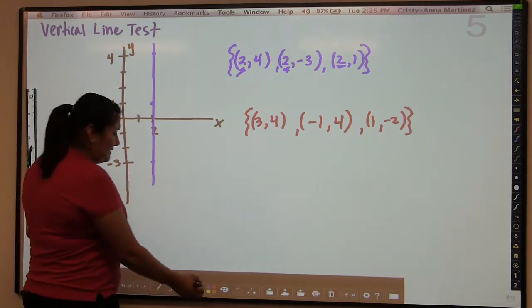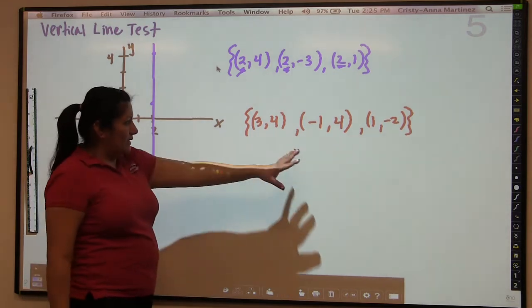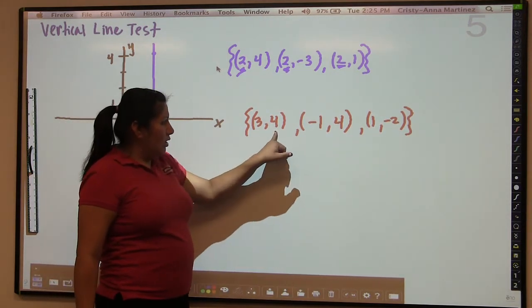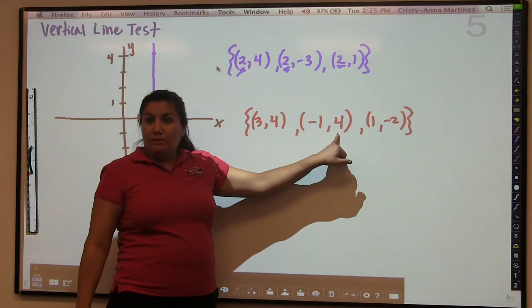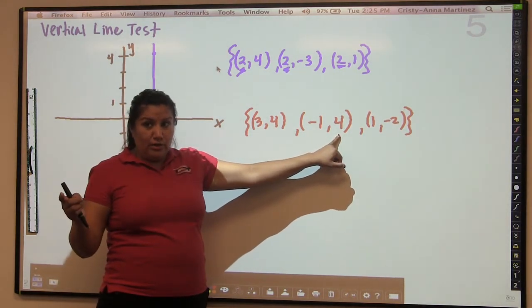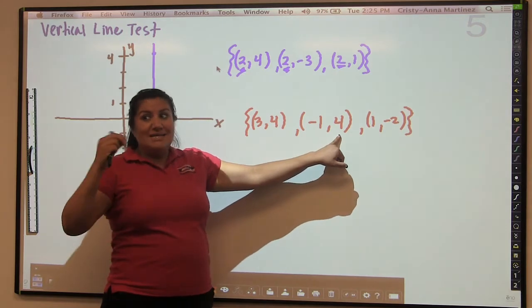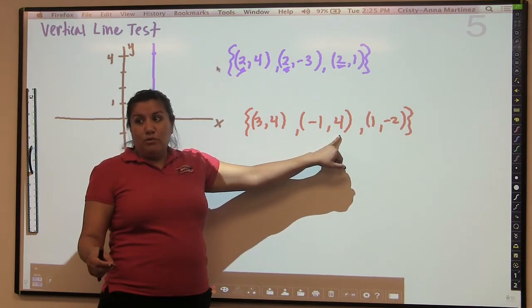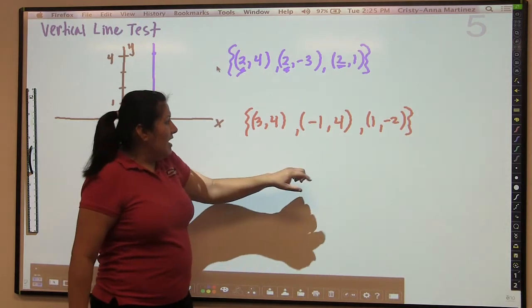But what if I instead graphed these points? 3 goes to 4, -1 goes to 4, not a problem, remember? 2 different x values can have the same y value, but the same x value cannot have 2 different y values. So this is fine, and then you have 1, -2.